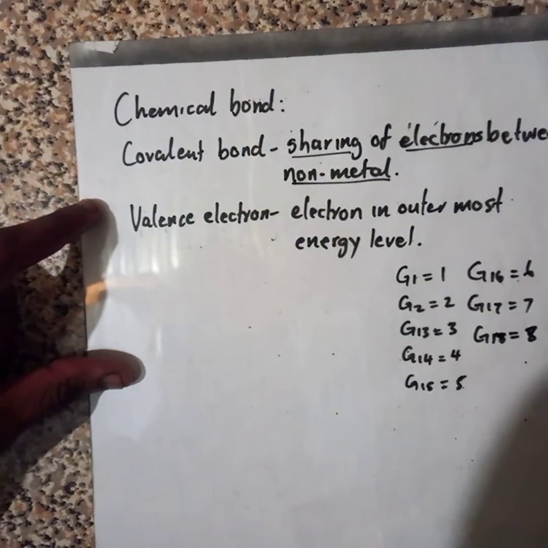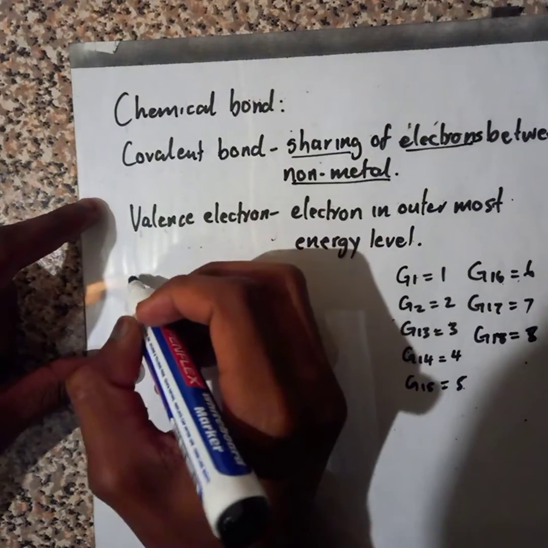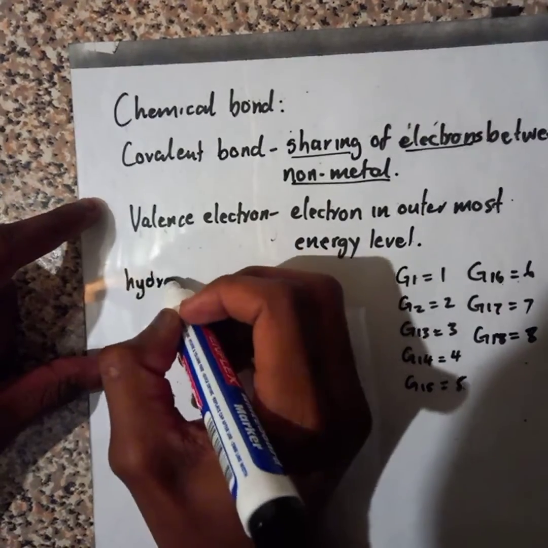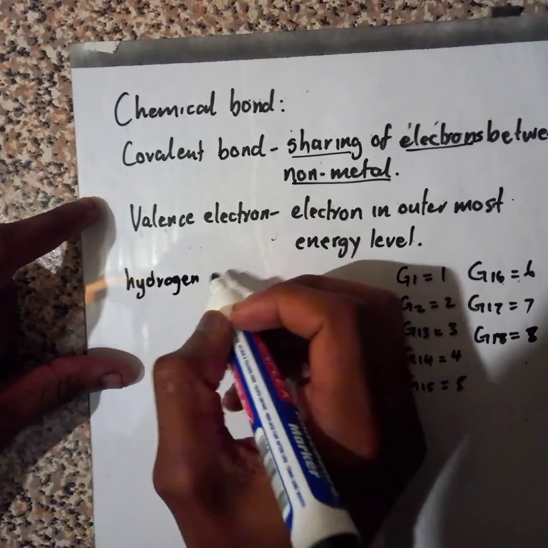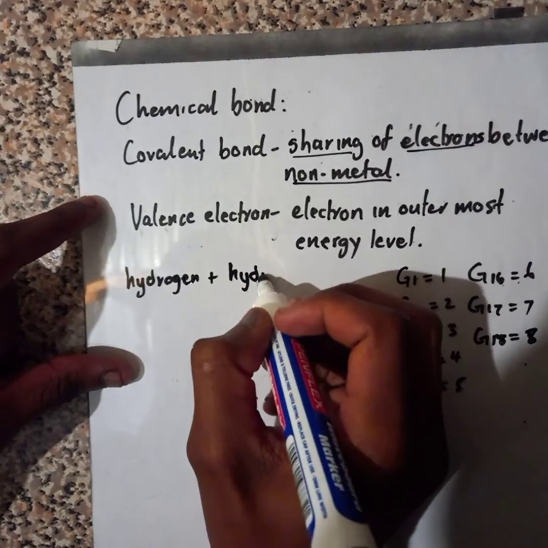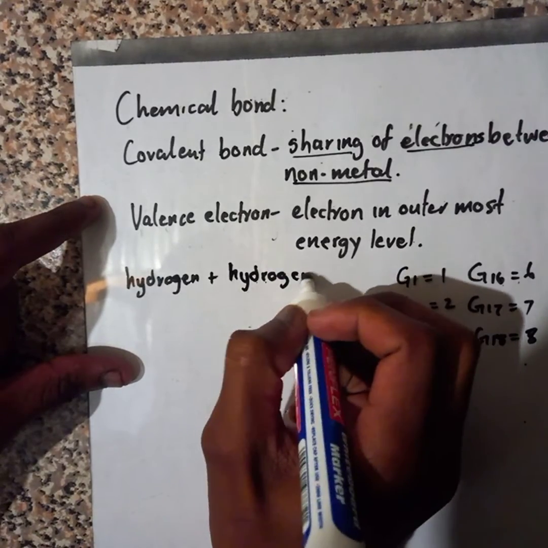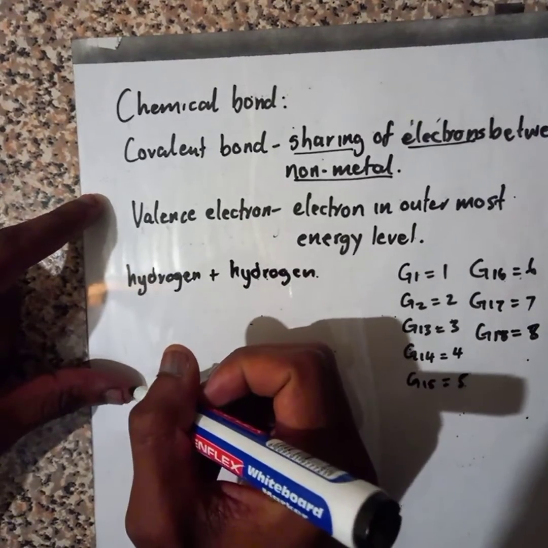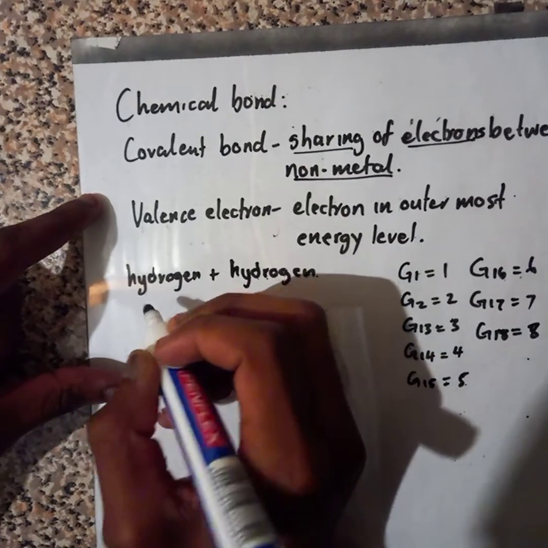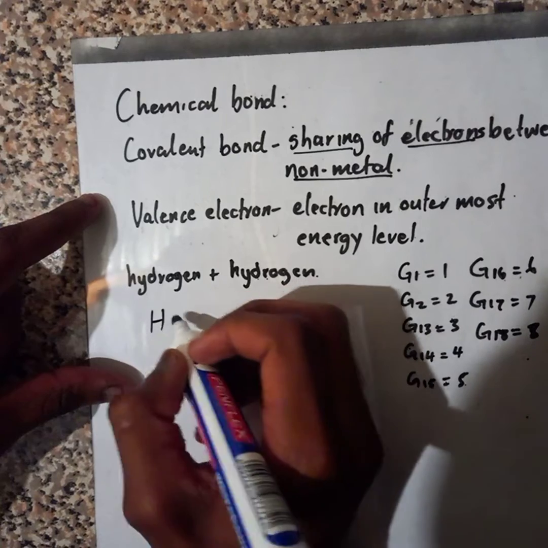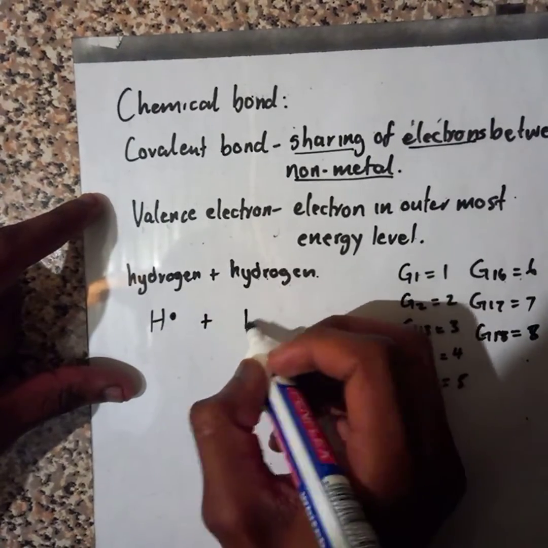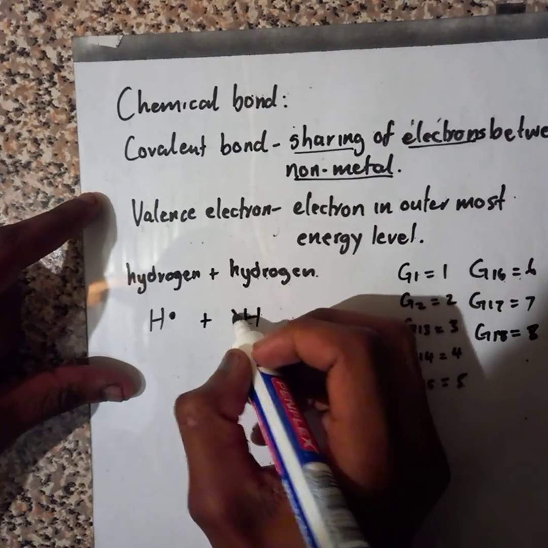And then now let me take hydrogen. Let me take 2 hydrogens, hydrogen together with another hydrogen. We know that the valence electron of group 1, which is hydrogen in this case, is going to be only 1 plus another 1.